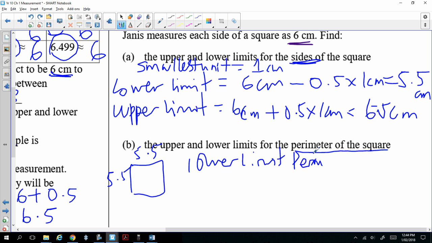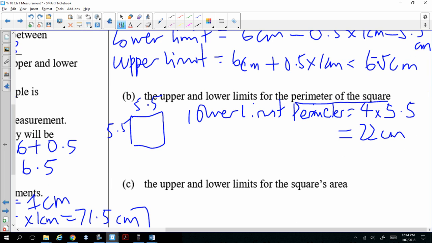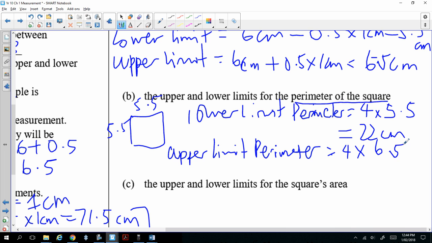The smallest perimeter it could be is 4 times the smallest length, which is 22 centimeters. And the upper limit perimeter will be 4 times the longest side it could be, so 4 times 6.5, which is 26 centimeters.